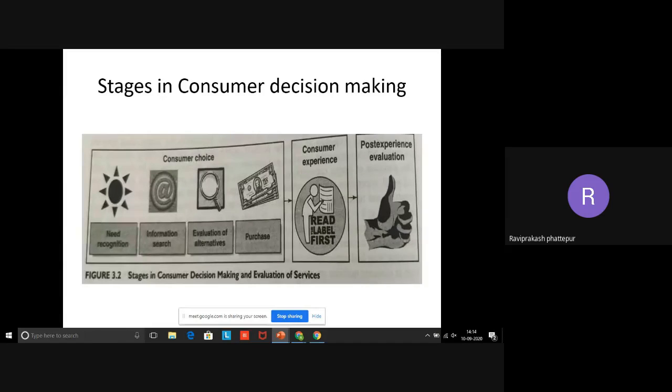Next comes the evaluation of alternatives. So what do you mean by evaluation of alternatives? In the information search, you have already got multiple similar products that you require. So now you start comparing. For example, mobile phones. If you want to buy a mobile phone, you go to some website and start comparing one phone with the other, right?